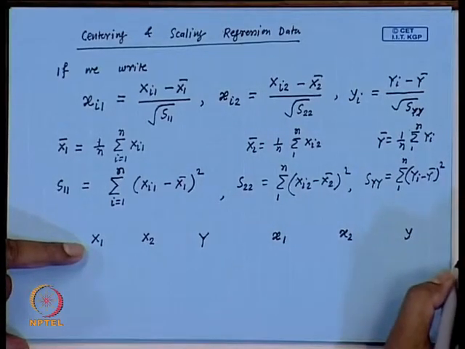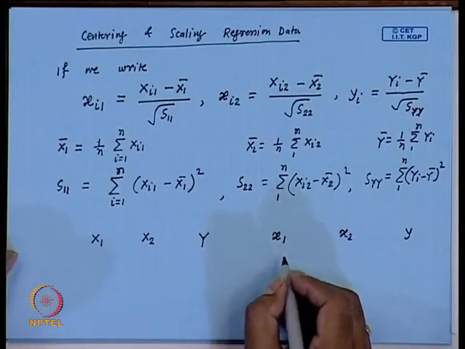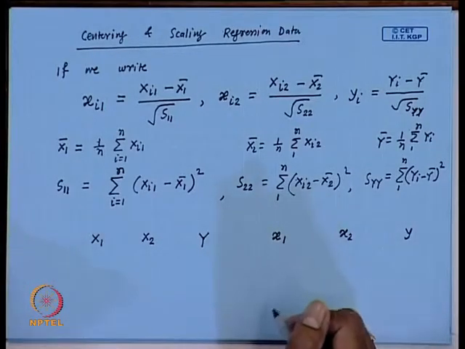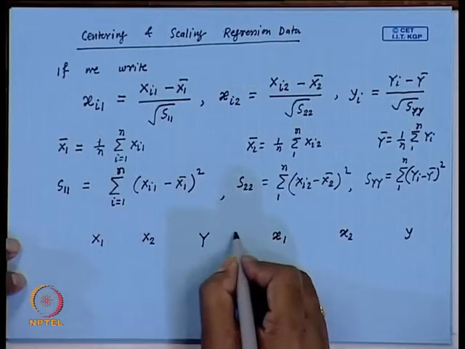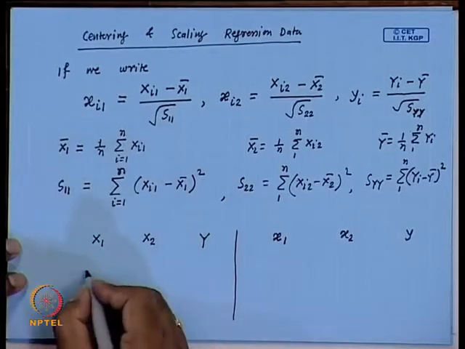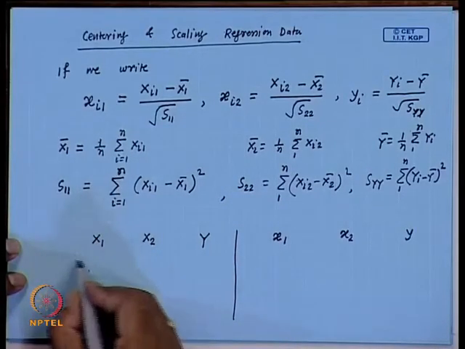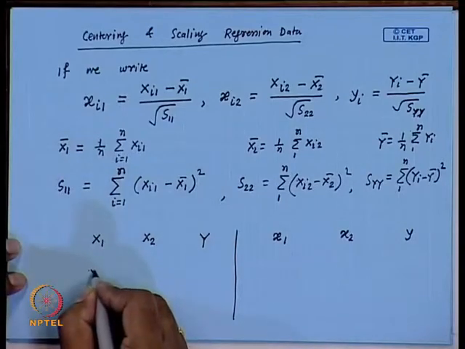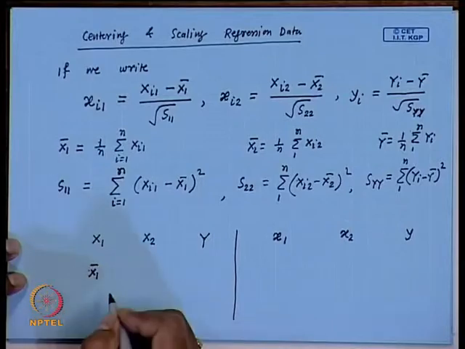Now, one thing we need to observe is that the mean of the original observation, I mean the mean associated with the first regressor for the given data, is of course always x1 bar.